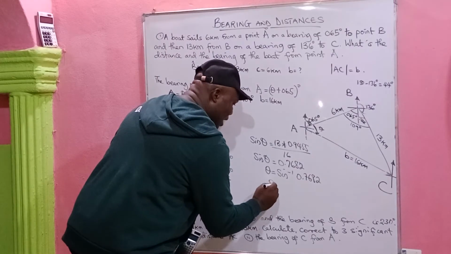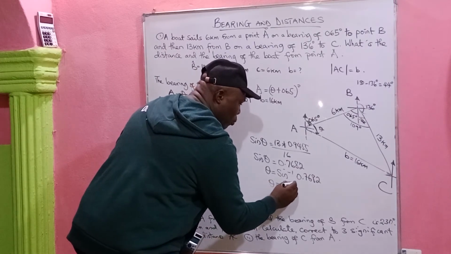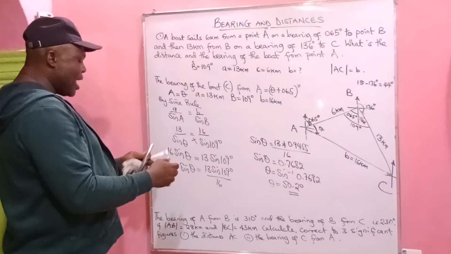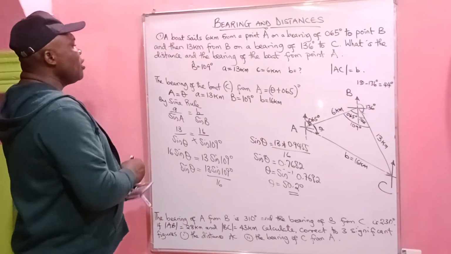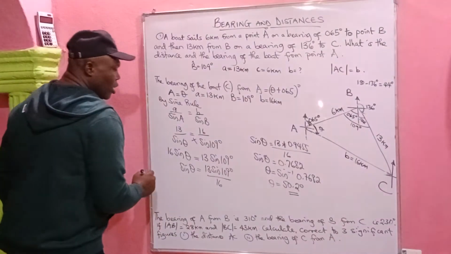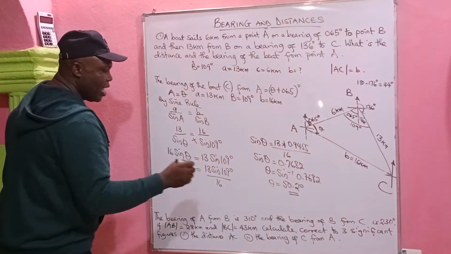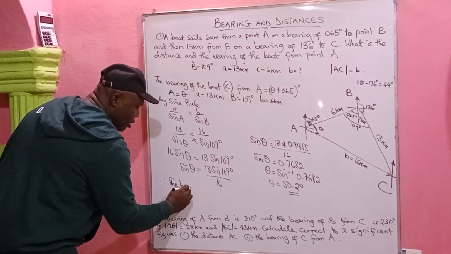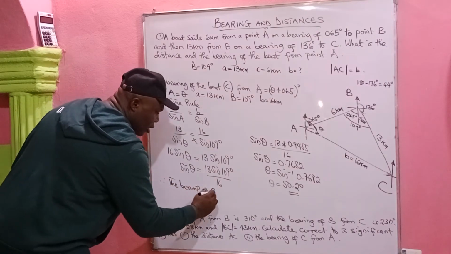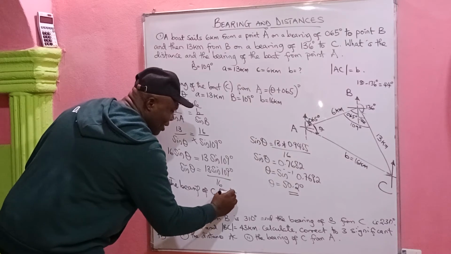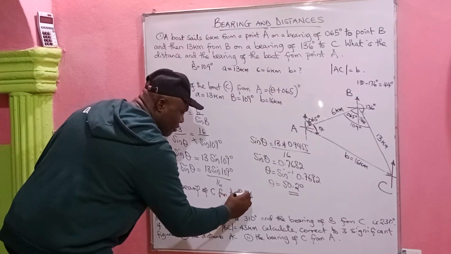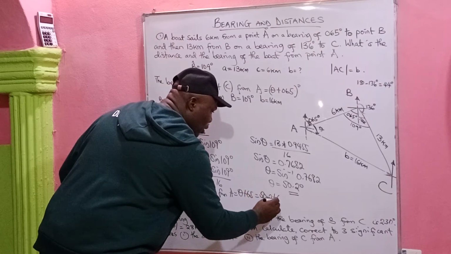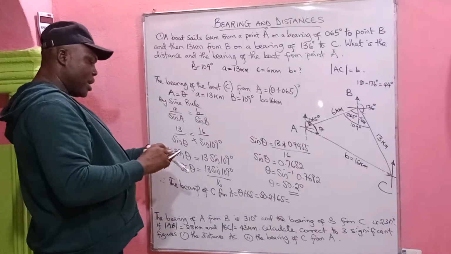So our theta equals 50.2 degrees. We have got theta. Now the required bearing we are looking for is the bearing of C from A, which we said is theta plus 65, so it equals 50.2 plus 65.